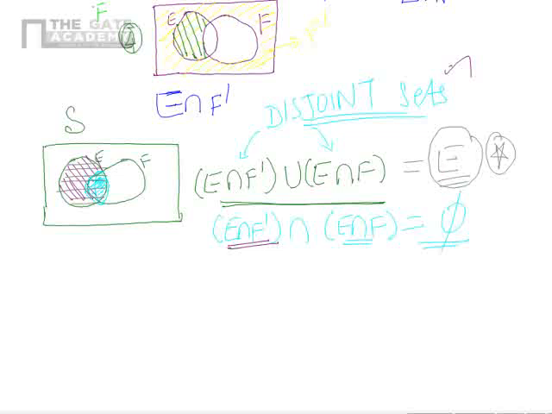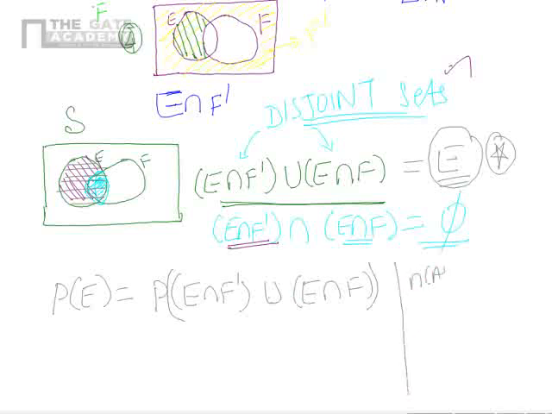Now you see what it is going to do. See the power of this now. Probability of E is the same as probability of E intersection F complement union E intersection F. I am taking probability on both sides. These two are disjoint sets. Correct? Yes or no? I think you will be remembering this.